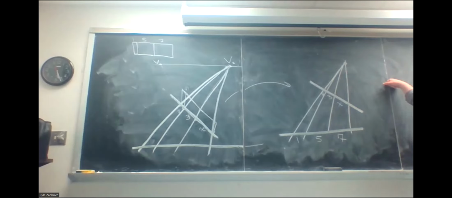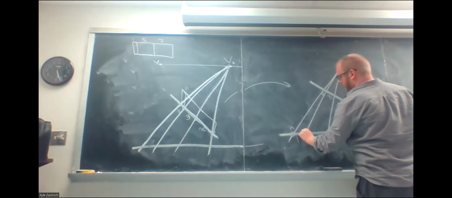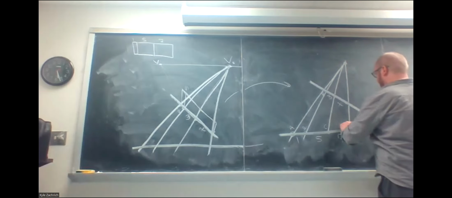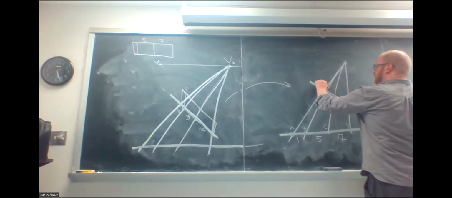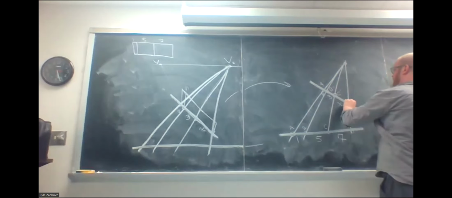Now you're just doing one of those cross ratio problems on there. So you could label these A, B, C, and D. A prime, B prime, C prime, and D prime.